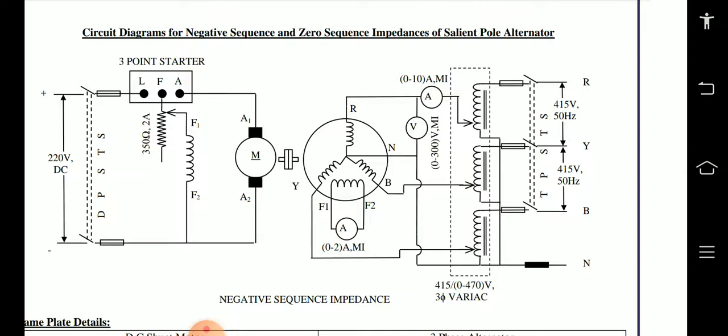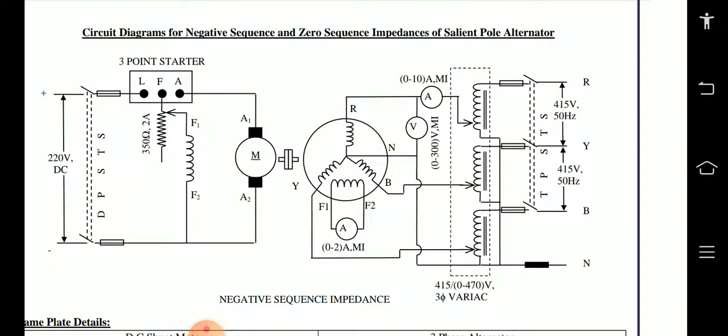When the motor comes to the synchronous speed, which is equal to the alternator speed, the DPST switch will be closed. Then the auto transformer is adjusted, in other words we can give various excitation for getting the voltage and ampere.